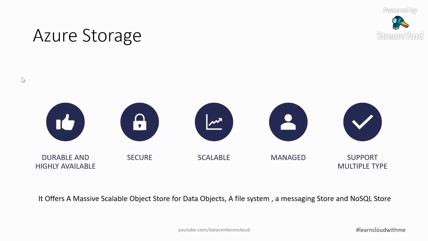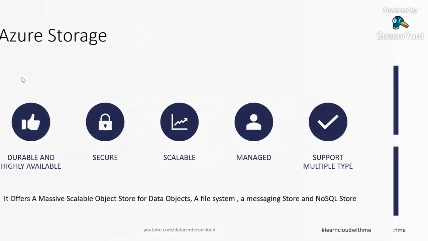The messaging storage is the glue in between, which will store the data. And something which is not common, but is from the early days of Microsoft Azure storage, is a NoSQL store, a key-value attribute store, provided out of the box under the Azure storage account.